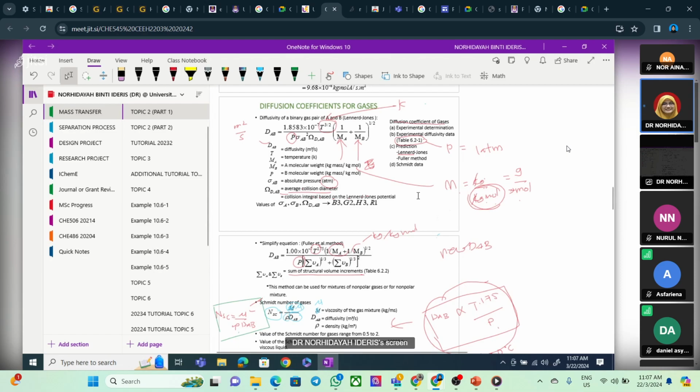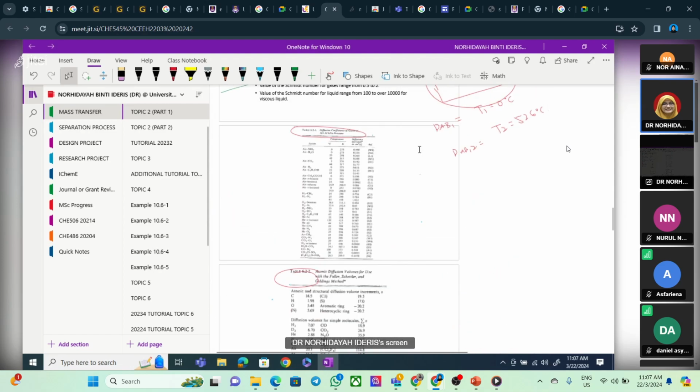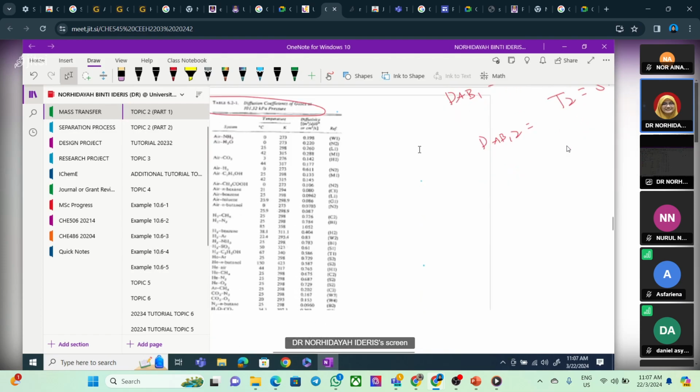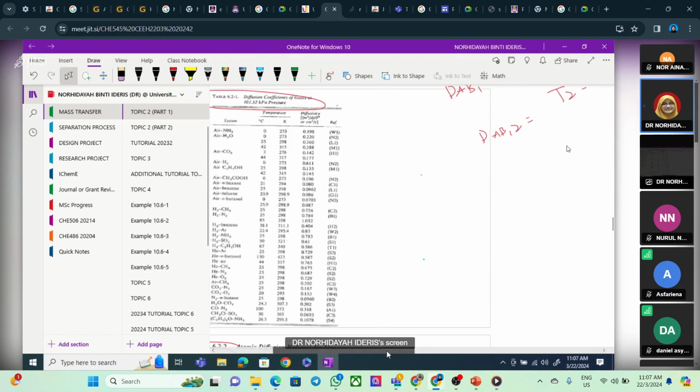This experimental diffusivity data in the old textbook is referred to as table 6.21. The table is below here, can you see it? You can look at your textbook and find this table.